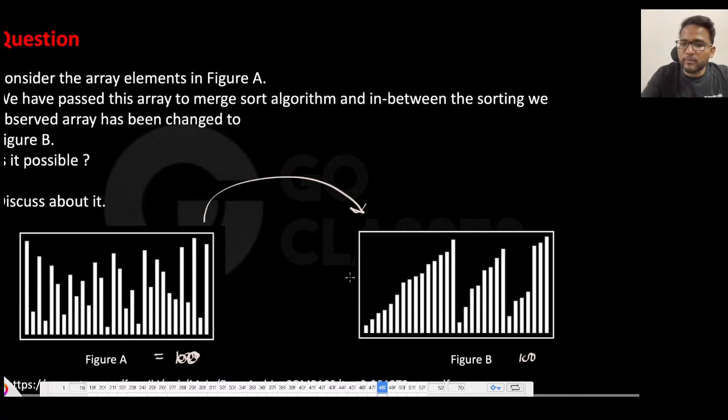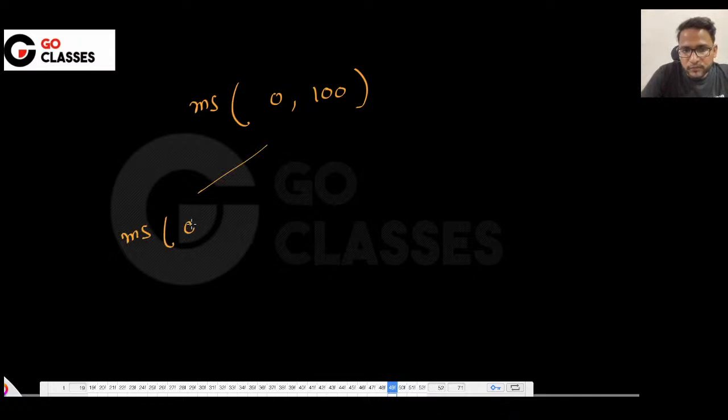What do I mean by in between? See, you have 100 elements, right? So you will call merge sort from 0 to 100. Then you will call merge sort from 0 to 50, and then merge sort from 51 to 100.